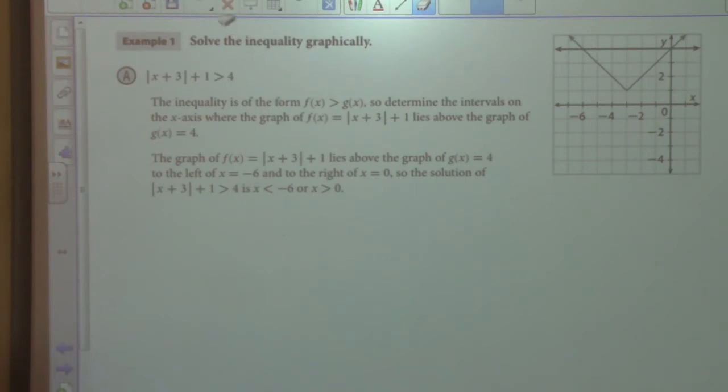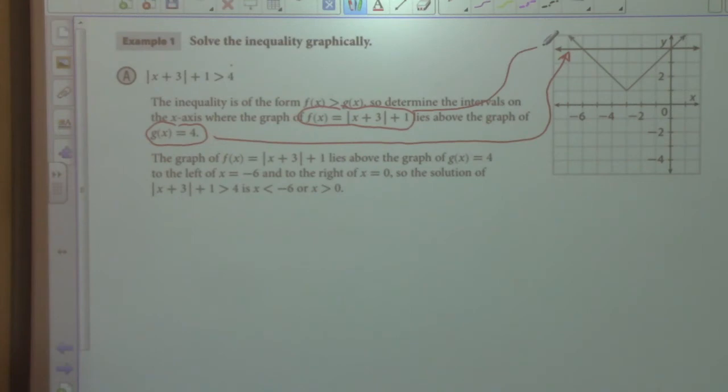Solve the inequality graphically. So you have this inequality here, and does this look familiar to the last section we were looking at? Where you would have g of x is equal to 4, which is going to be right here. And we have f of x is equal to this thing right here. It lies above.